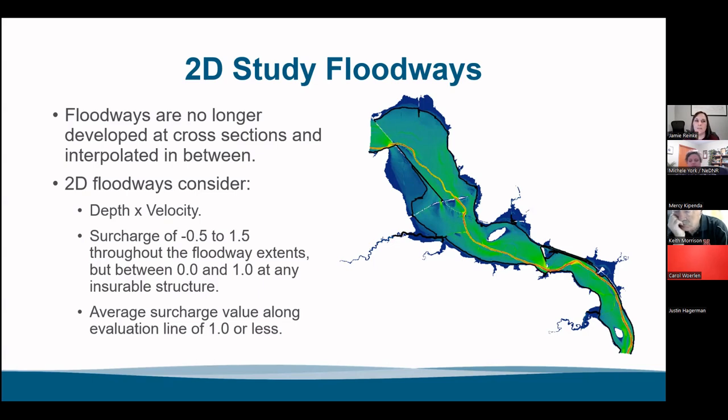So if the floodway was developed using the all cells method, then the comparison would also have to be done using the all cells method, meaning that the change in that cell would then have to not cause any rise in the cell of the post-project condition. I'm just going to be honest and say that I don't see very many scenarios where that would work, but maybe there's some magic that can happen that I'm unaware of.